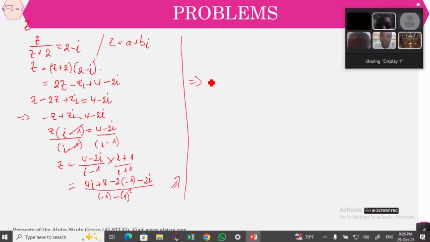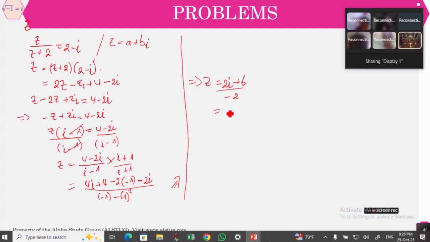So we'll end up with z equal to, now we have 4i minus 2i, that will give us 2i. Then we have 4, and negative 2 times negative 1 is positive 2, so we get 4 plus 2, that gives us 6, divided by negative 1 minus 1, which is negative 2.